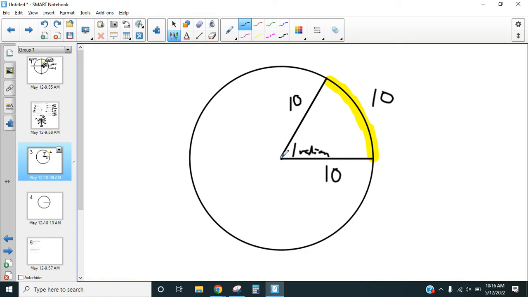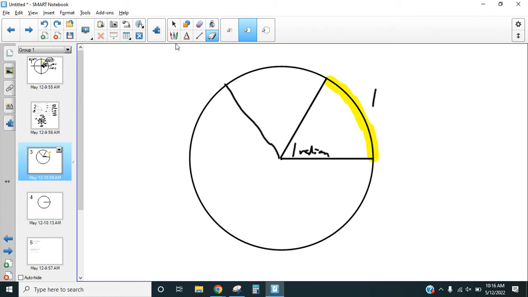So if I kept going, now watch this. This is fun. I'm just going to estimate. This would be another radian, wouldn't it? Let me erase this real quick. Let's say we're on our unit circle again, where the radius is 1. That means this distance from there to there is also 1. Let's say I go another radian.